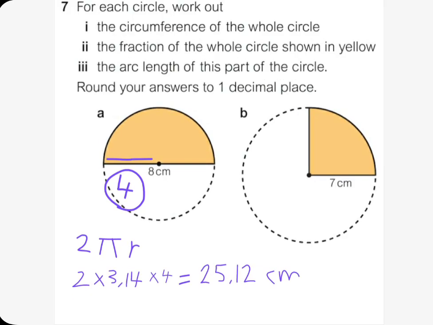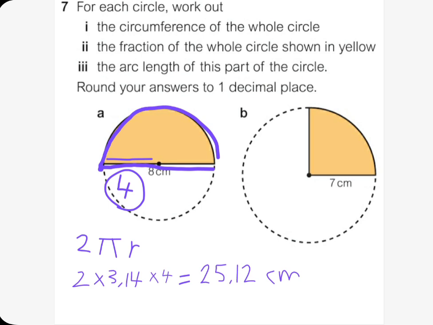The second part was finding the fraction of the whole circle shown in yellow. So he wants the circumference of this fraction. So the fraction, how do we find it? We said that the circumference of the whole circle is 25.12.